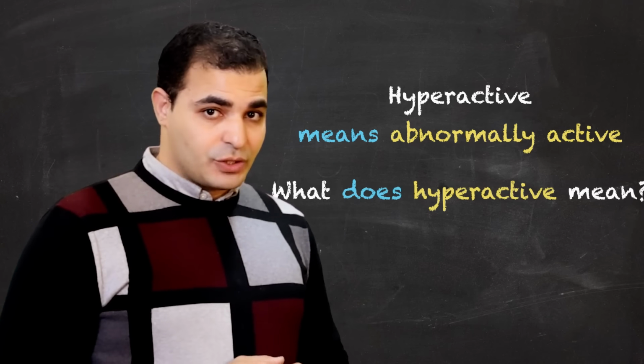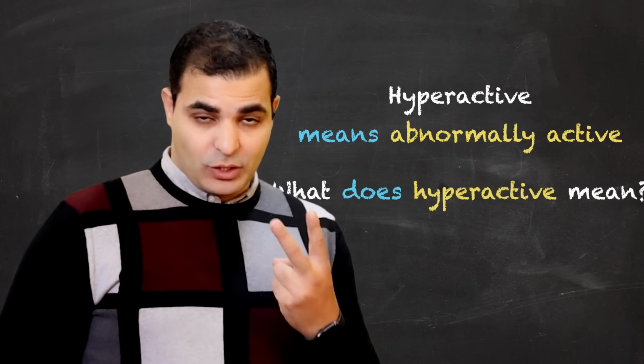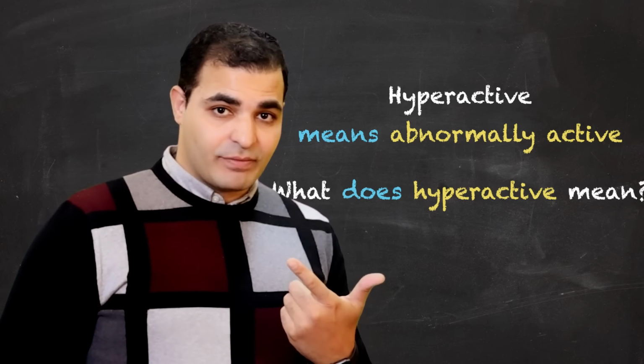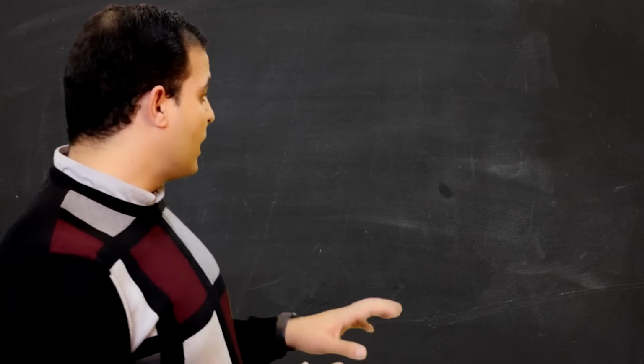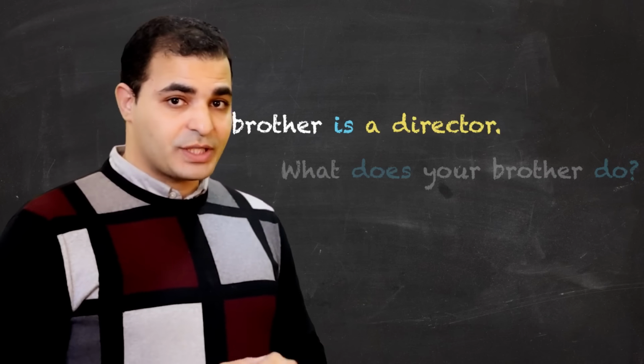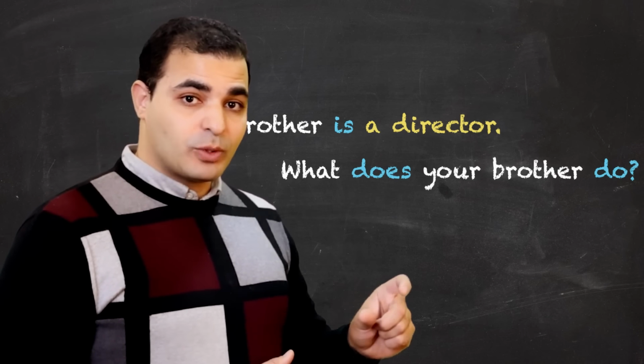Note that the verb to do may come twice in questions, once as an auxiliary and once as a main verb. Example: My brother is a director. To form a question here, we will say, What does your brother do? When who and what are subjects, we normally make questions without the verb to do.